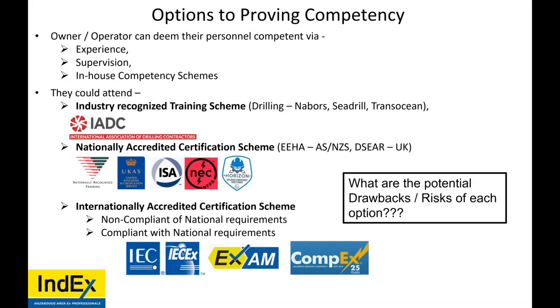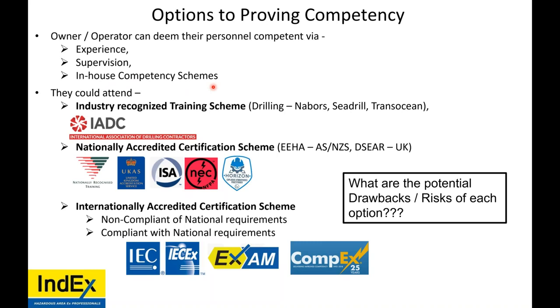Well, as defined by 60079, dependent on which is chosen, whether it be UL, FM, IEC, EN, the owner-operator can deem a person to be competent via experience with proof by their curriculum vitae, the resume, or if they have an EX responsible person who is their supervisor, or the end user can define their own in-house competency scheme.